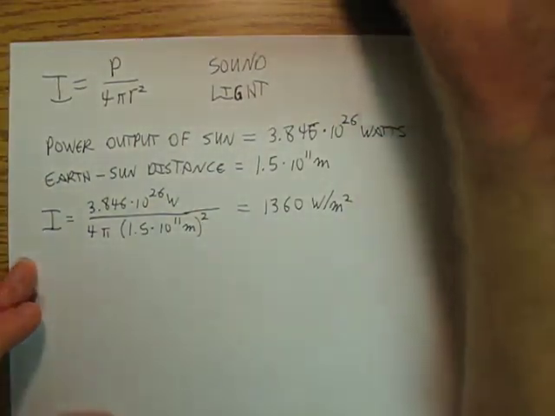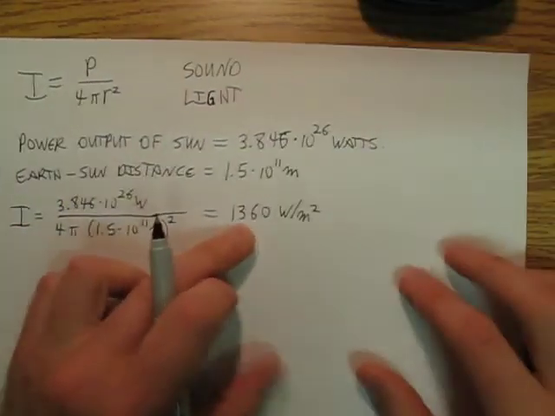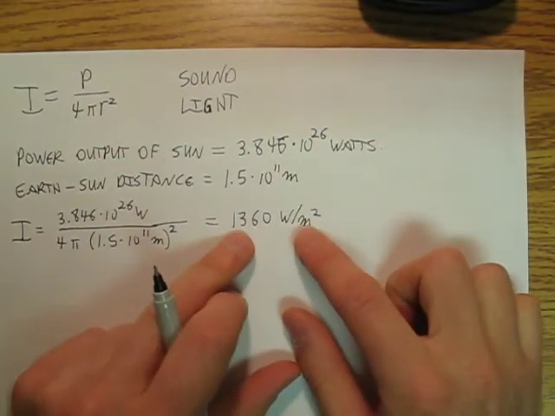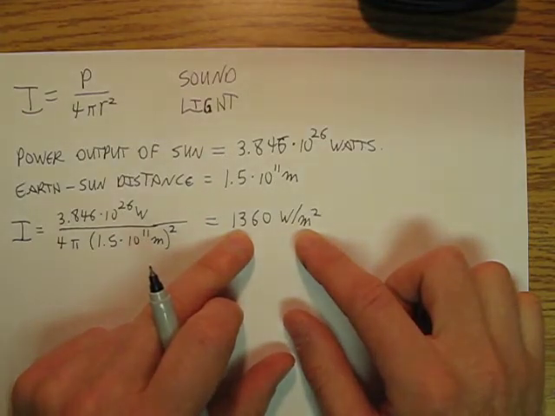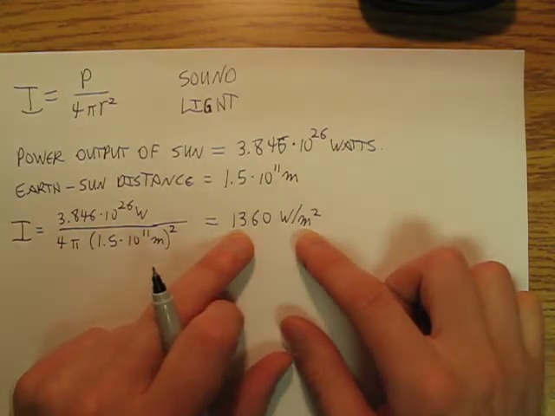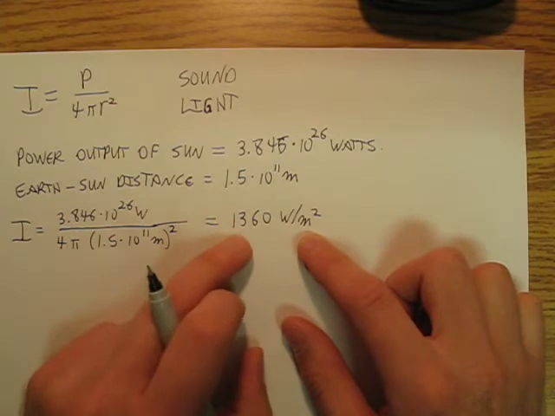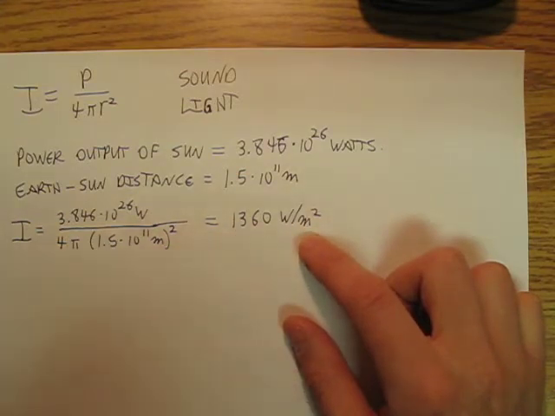Okay, so now a lot of that is absorbed by the atmosphere. A lot of it is reflected back into space by clouds or polar ice caps which are going away. So not all of that is available.